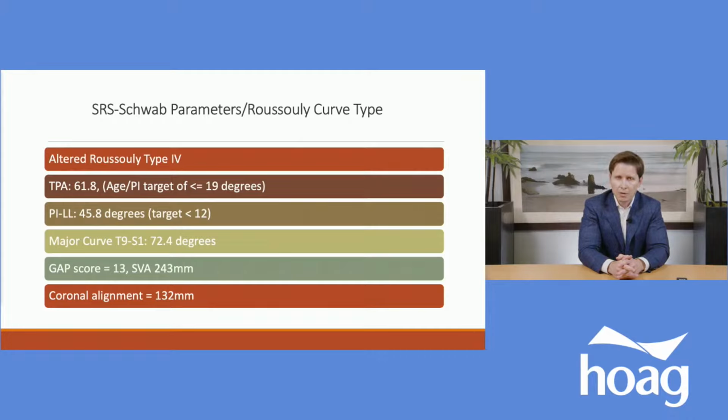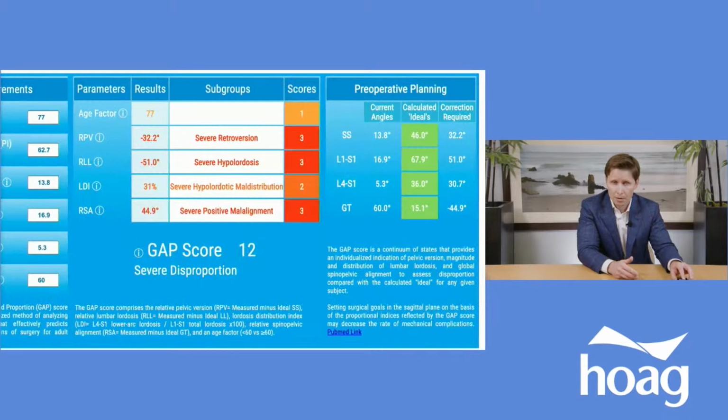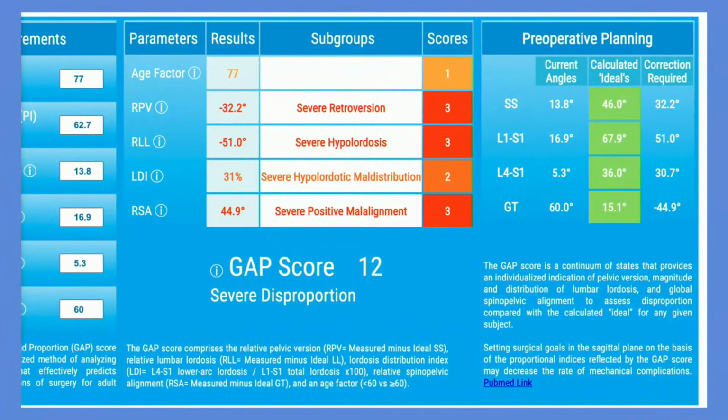We have here some of the other numbers which show the level of deformity the patient had. We can see towards the bottom that her GAP score was a 13, which represents severe malalignment. So this is her GAP score printout.